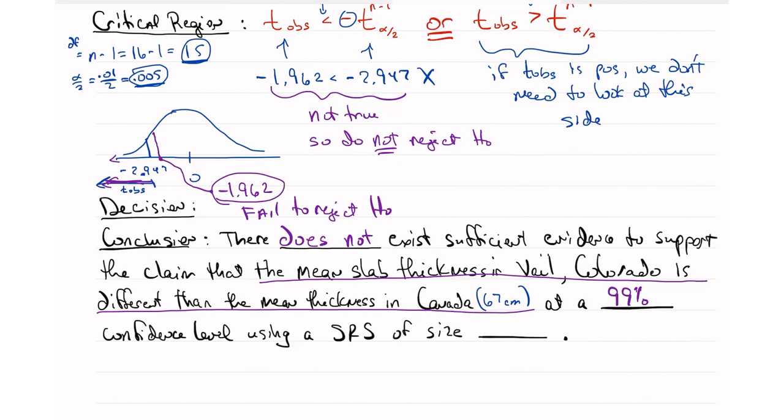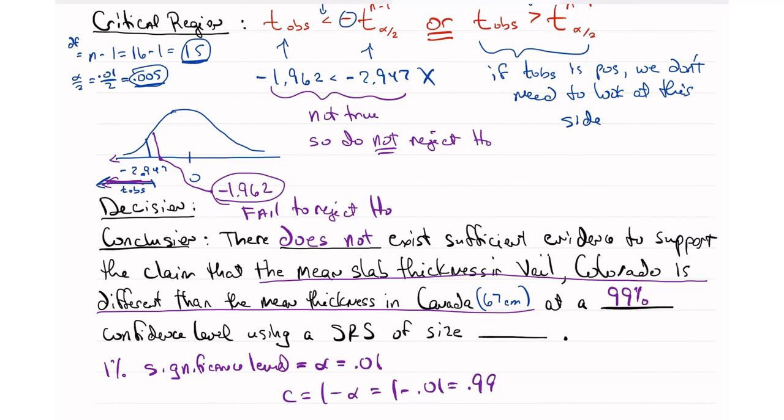It's not always that, but in the examples that I've done, they've said that a 1% significance level equals alpha. So that's 0.01, and C is equal to 1 minus alpha, which is 0.99, which is 99%. So the 99% confidence level using a simple random sample of size 16. There were 16 for this. Okay, so that's how we do a problem.